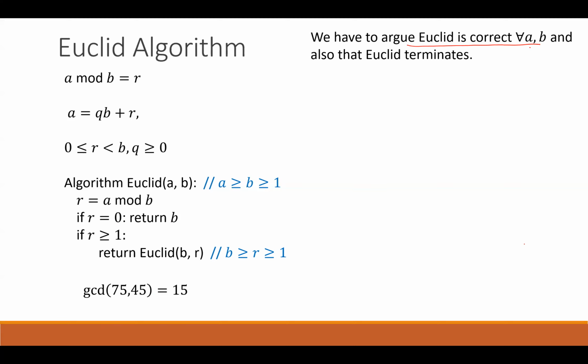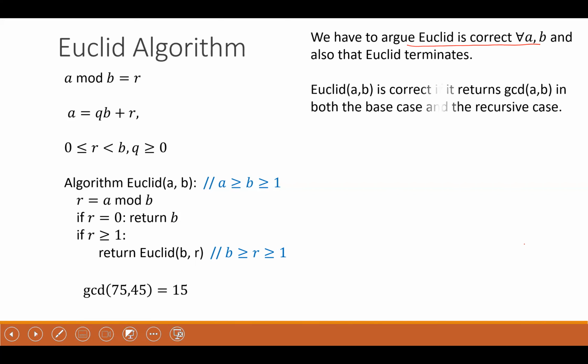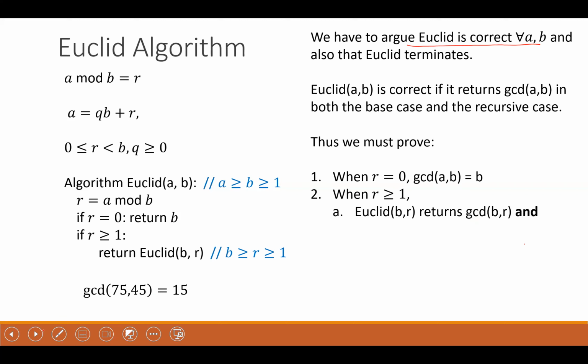So to prove that it terminates is kind of easy, right? Okay, so I have 2 separate things to prove. First, I'm going to prove that Euclid terminates. If it terminates, I can use induction.